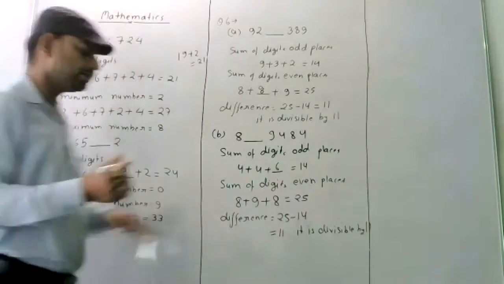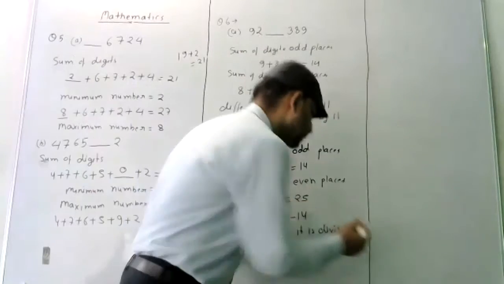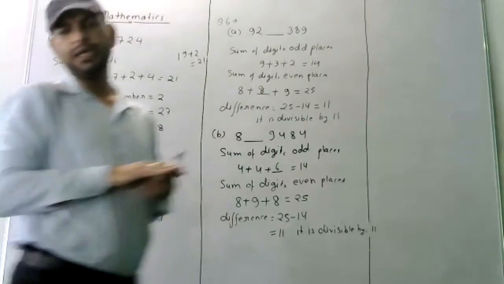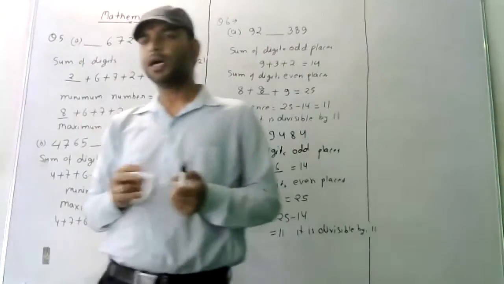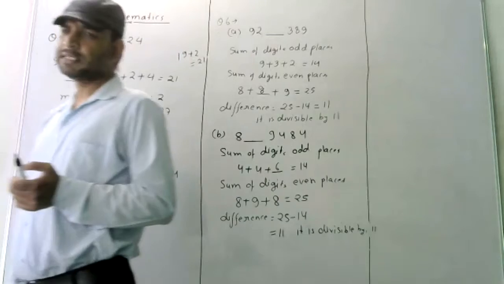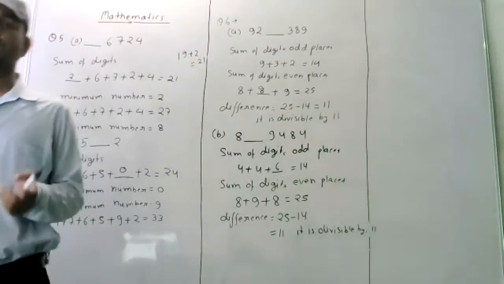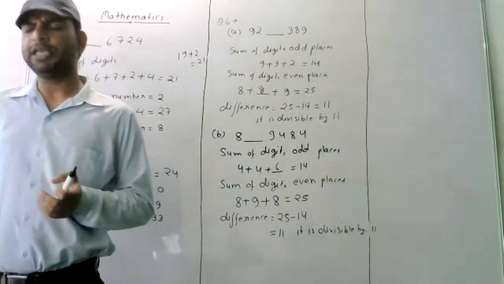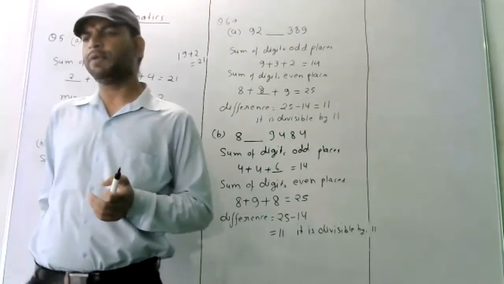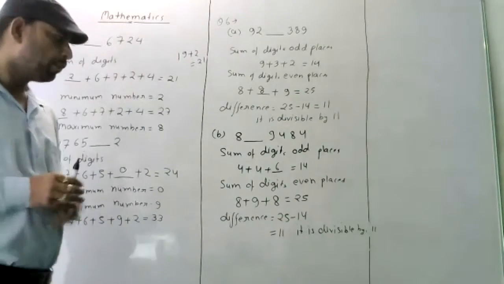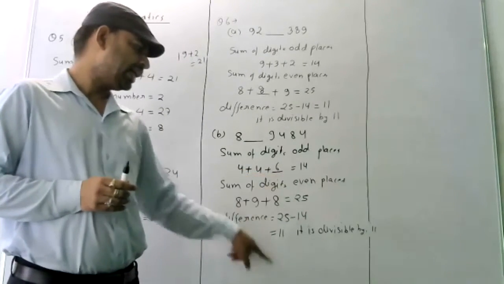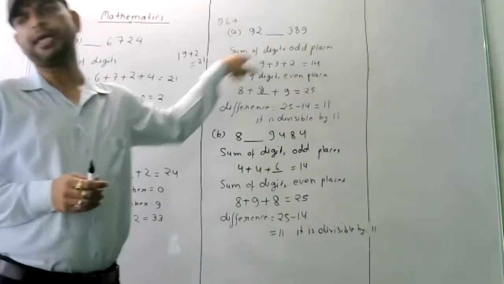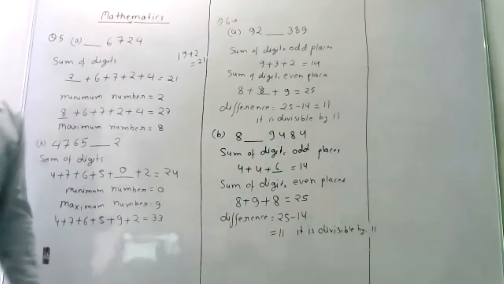So students, we know the divisibility test of 11: if the difference of the sum of odd digit places and the sum of even digit places is divisible by 11, then the whole number will be divisible by 11. So put 6 here, then it will become divisible by 11. Put 8 here, it will be divisible by 11. This is the divisibility test of 11.